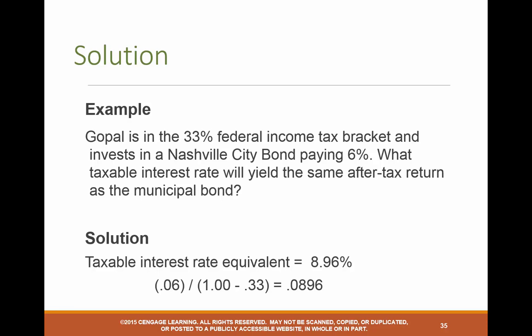So in reality, is he going to choose the 8% corporate bond or the 6% muni bond? The 6% muni bond, because he's really earning an 8.96% return because he's not paying any tax on it. He's not earning 6%. He's really earning 8.96% because he's got no tax bite.